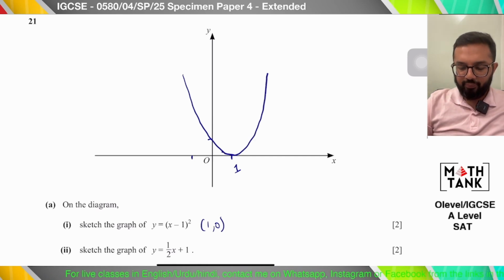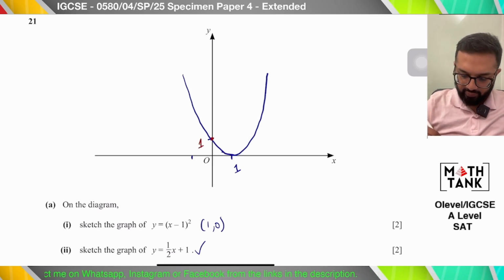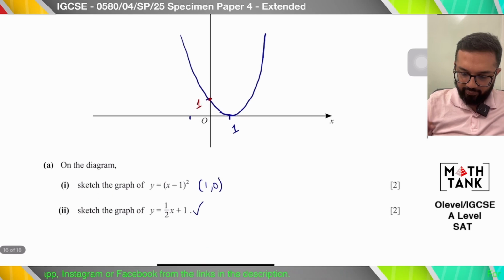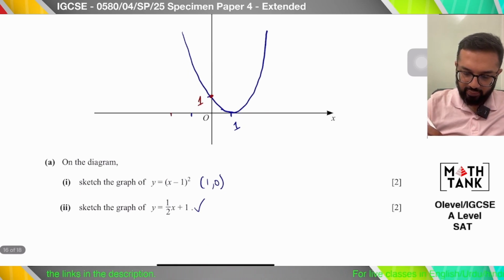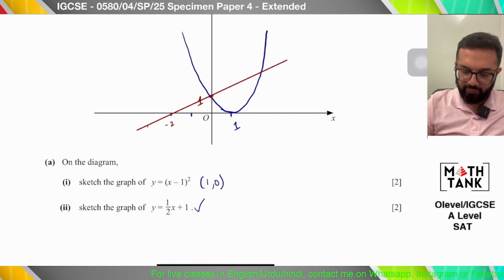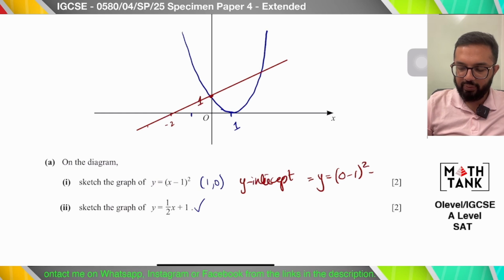Okay. This line is starting at 1 and then sloping upwards. I can find out the x-intercept. Going to be minus 2, I think. The line is going to look like that. What I've basically done is I found the y-intercept here and said that y equals 0 minus 1 whole squared, which is 1.